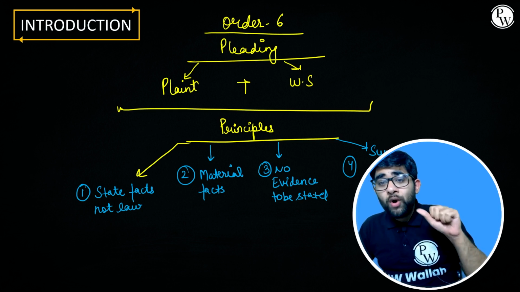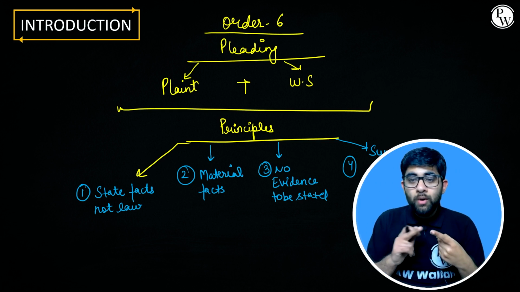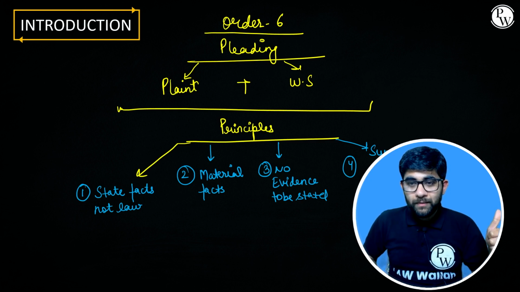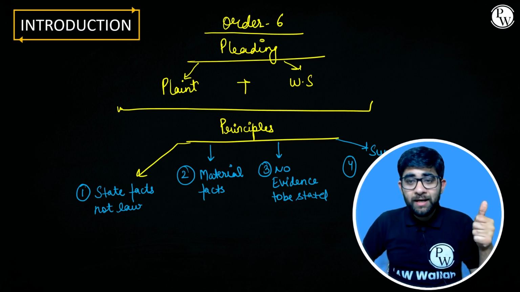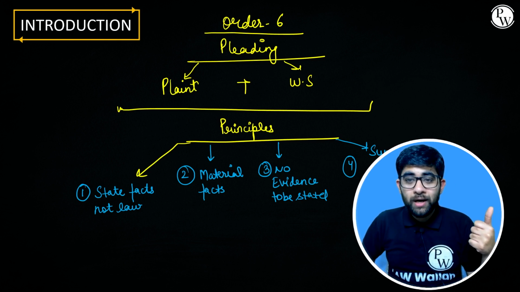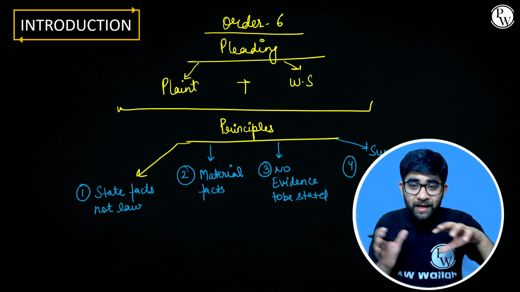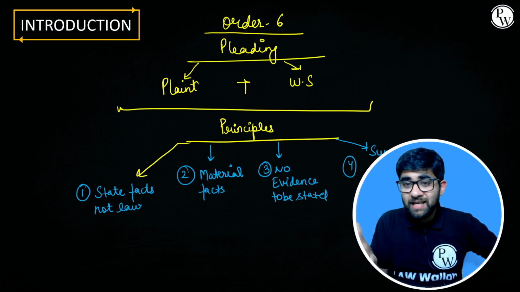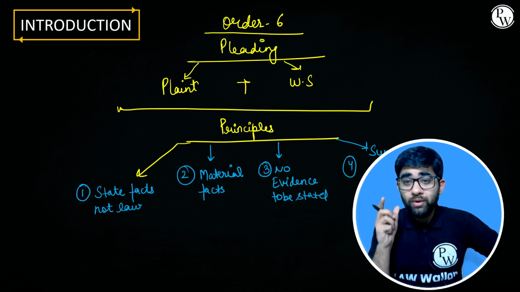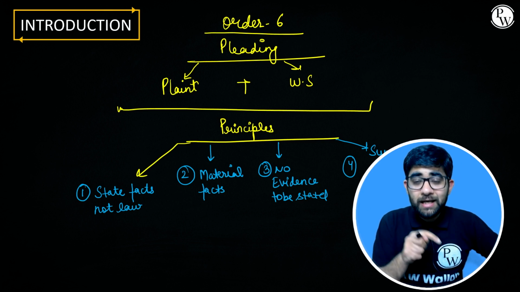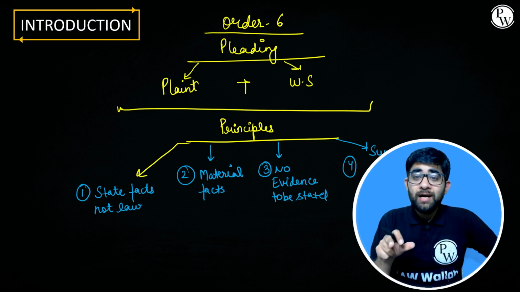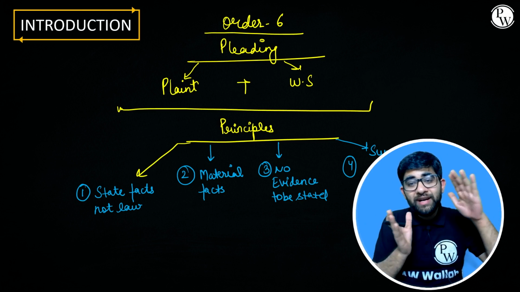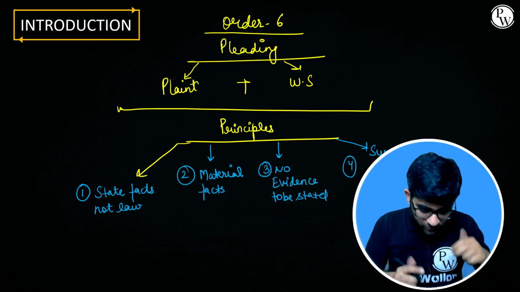Third is no evidence to be stated. Now, if there is a bill that you have, for example your invoice, or a purchase order given by B, you do not have to include all the contents of the sale. You can annex that document, but you do not have to write its contents in your plaint unless they are so important that you reiterate them in the plaint. All right.